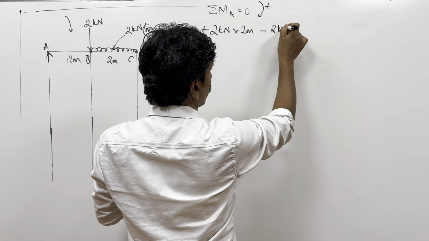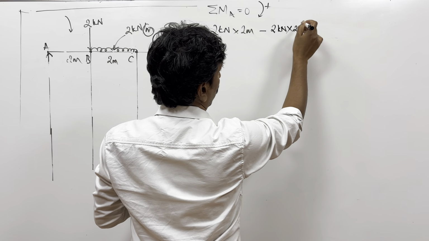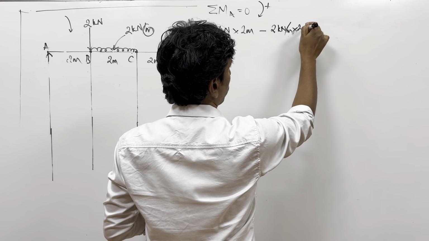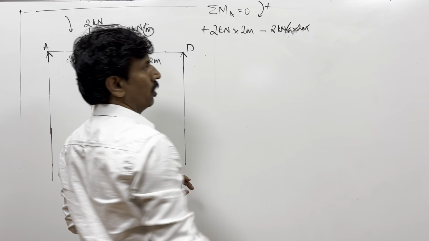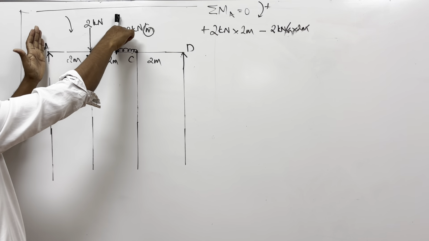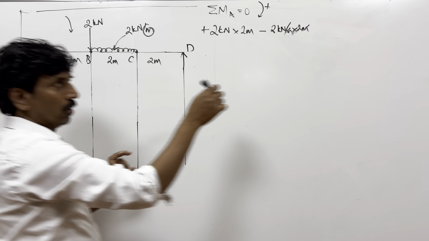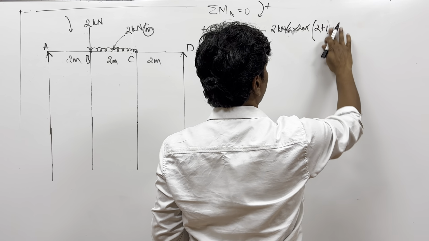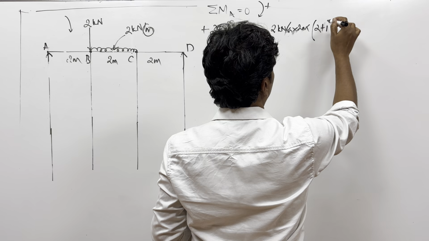For 2 meters it is 2 kilonewton for every meter multiplied by 2 meters. So meter cancels out. It is only left with 4 kilonewton, acting at a distance of 2 plus 1, 3 meters.